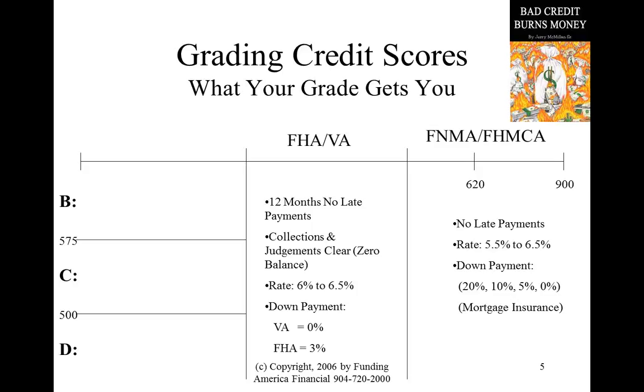Now, the FHA VA is not credit score driven so much as it is determined by your most recent history. Your credit history follows you from cradle to grave. Now, your score doesn't stay the same. Your score goes up and down over time based on your behavior.